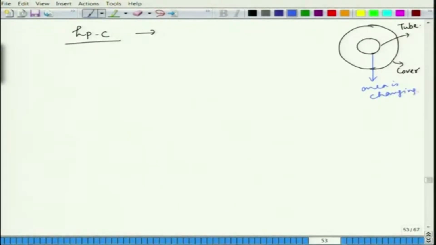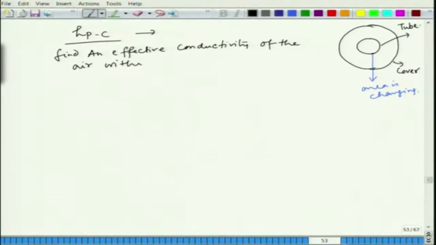So, what we can do is find an effective conductivity of the air within the annular area.